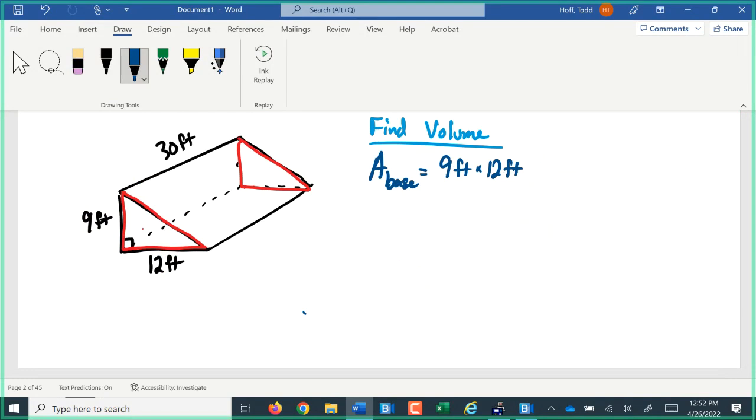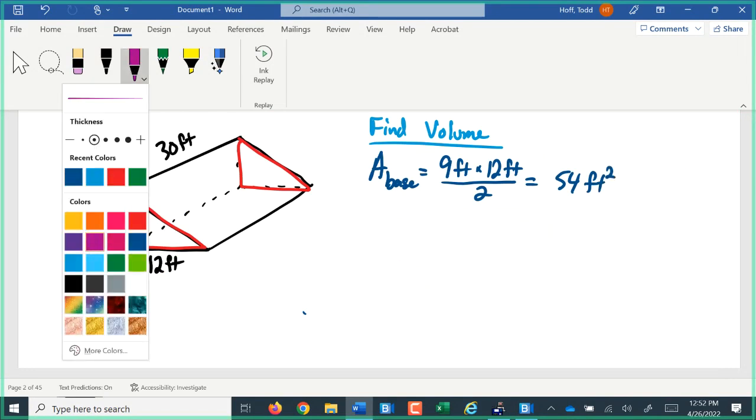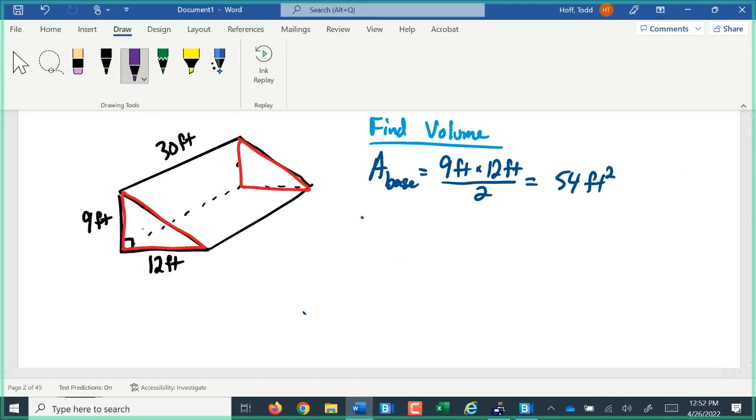And then what? Divide by 2. Giving us 54 square feet. That's the area of our base. So then to find volume, I do what? Times it by 30. The area of the base, 54 square feet, times the height. The height is not necessarily up and down, it's the distance between the bases, the 30 feet.